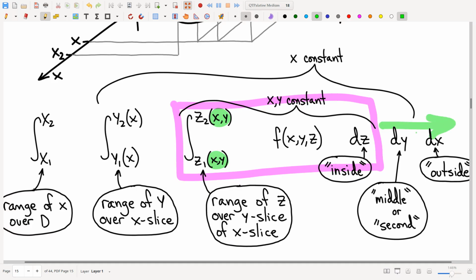And in the integrand, we treat the variables further to the outside as constant, because they are for the purposes of that integral. Does that make sense to everybody? All right, so that's the process.